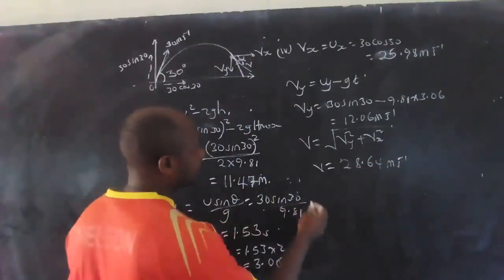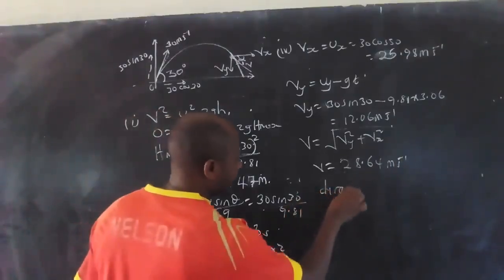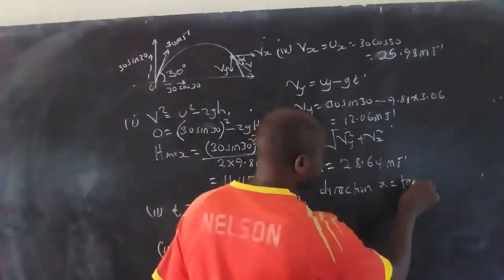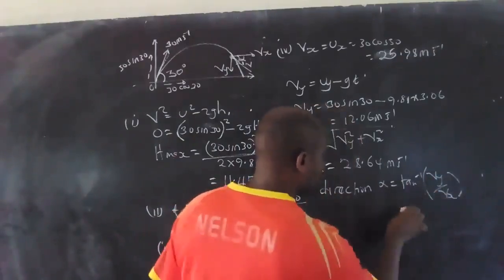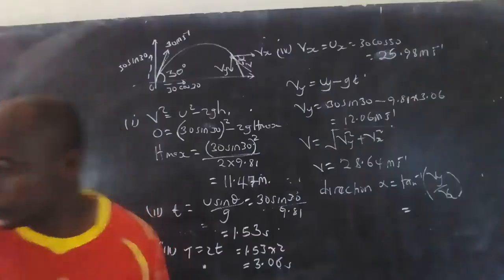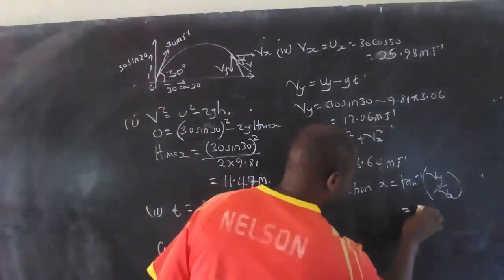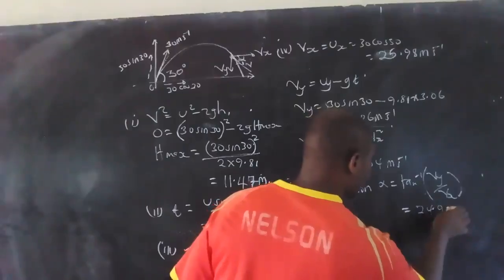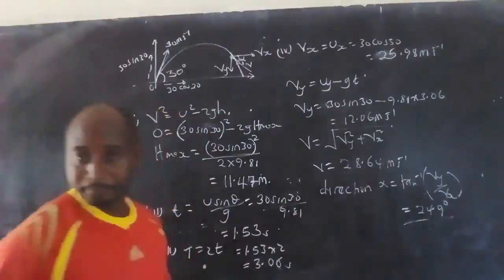Then direction, alpha becomes tan inverse of Vy over Vx, which, when you substitute, you get your answer as 24.9 degrees, like that.